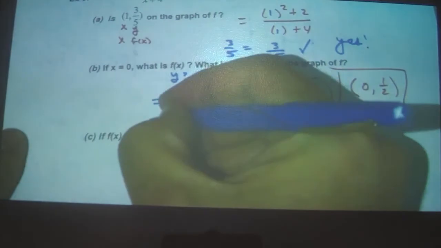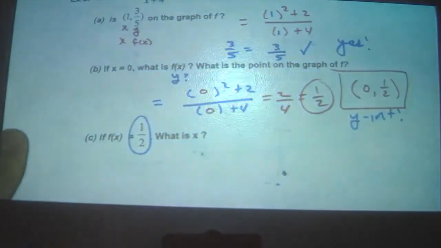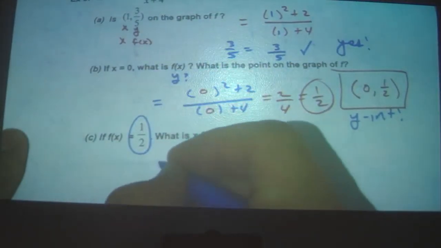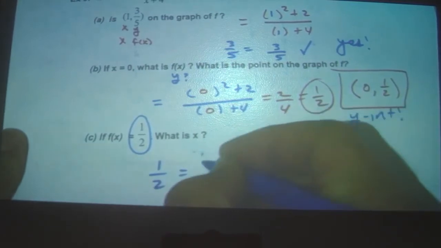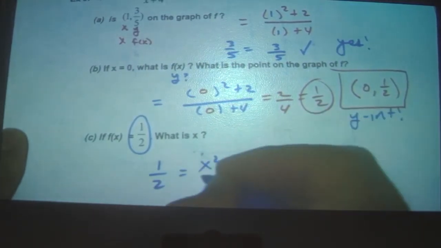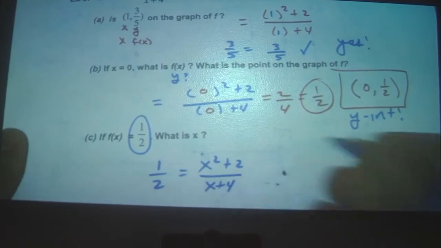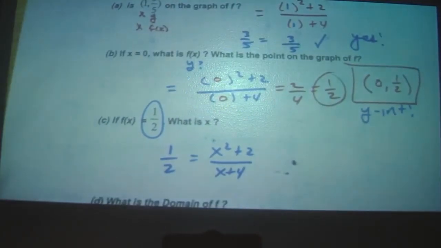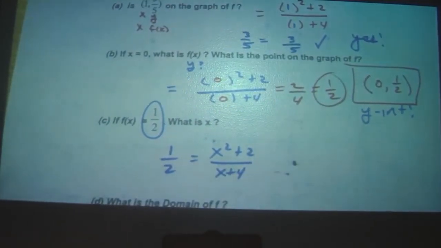Well, this is where I take this and I plug it in. So instead of f of x equals, I have 1/2 equals x squared plus 2 over x plus 4. So now we have a proportion. You guys remember how to solve proportions from back in the day? How do we get rid of these fractions like this?